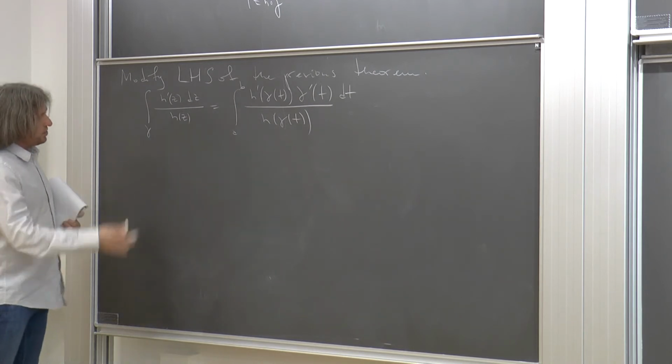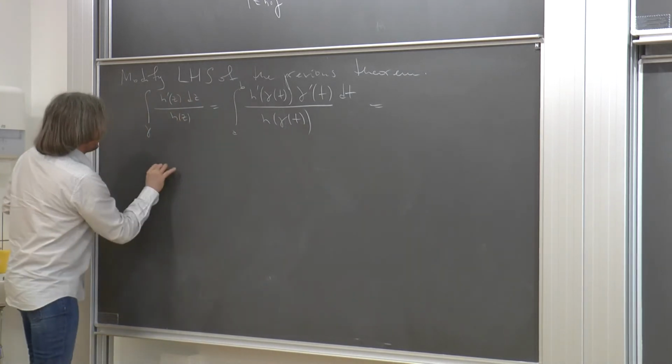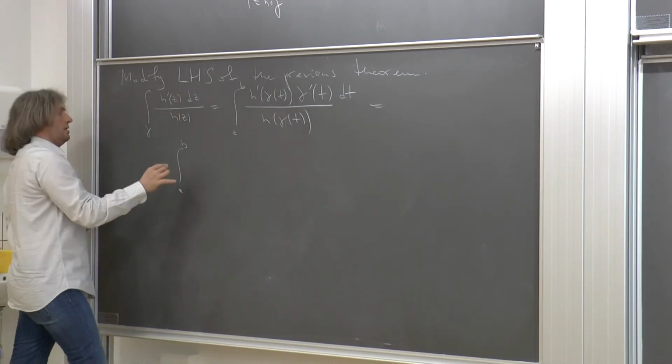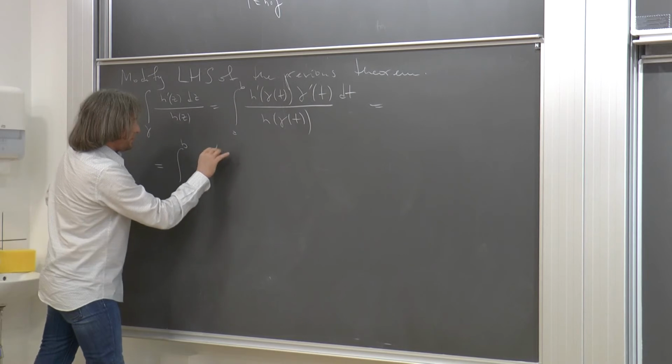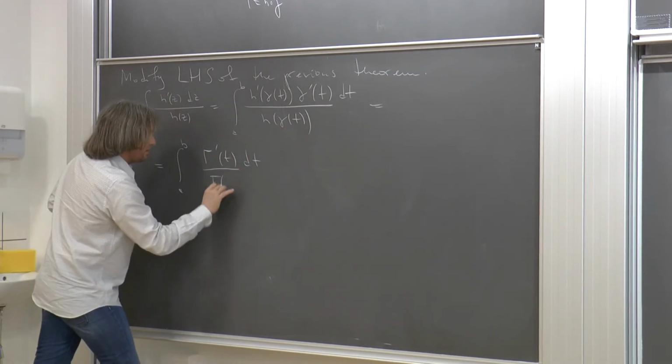But using chain rule, we get that this is the same as the integral from a to b gamma prime of t dt over gamma of t.